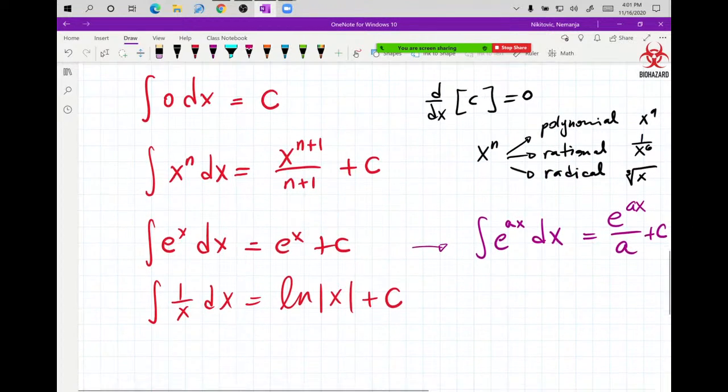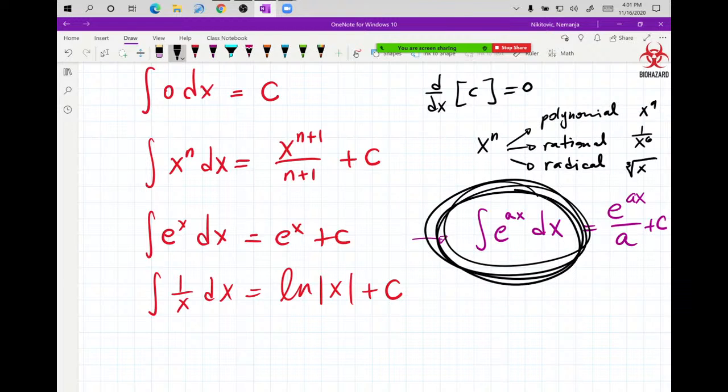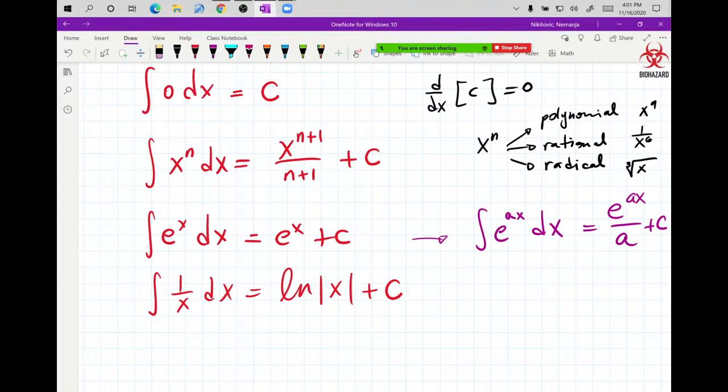Okay, let's recap. So the integral of 0 is just 0 plus c. Then you have the polynomial, rational, radical x to the n, which is x to the n plus 1 over n plus 1. Then you have your e to the x with the better one, right? Because if your a is 1, this a goes to 1, so you still get the same, like the red one.